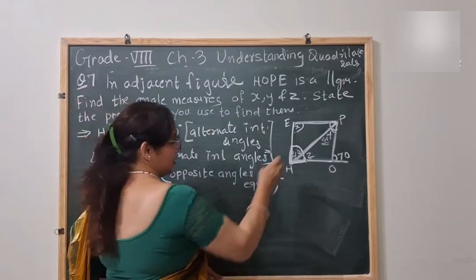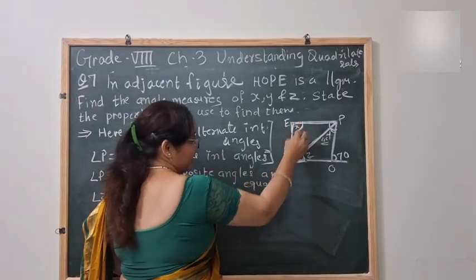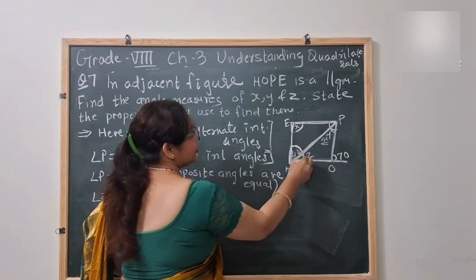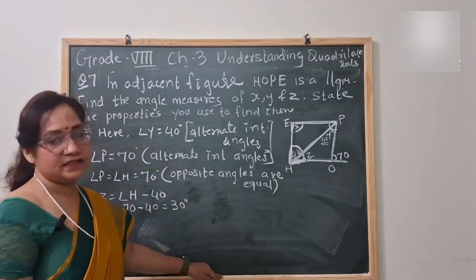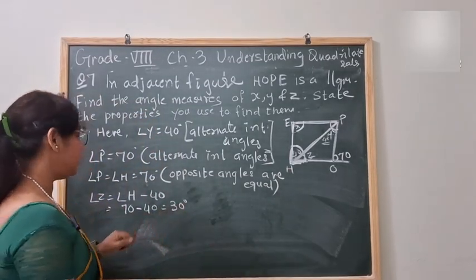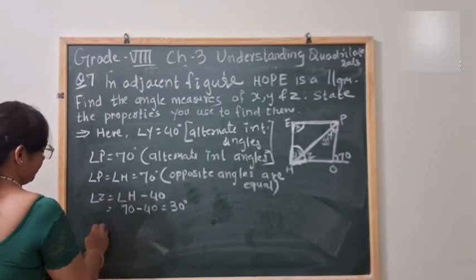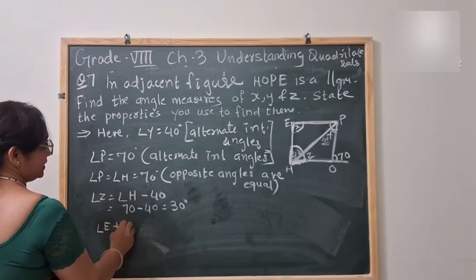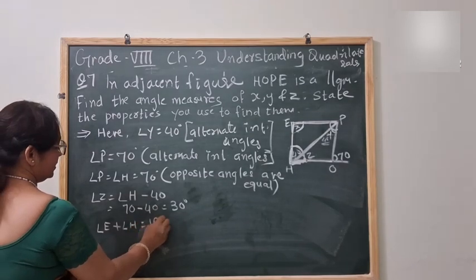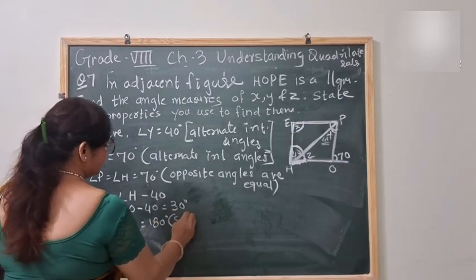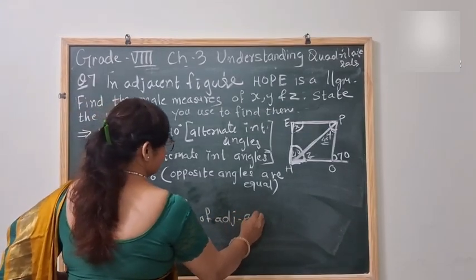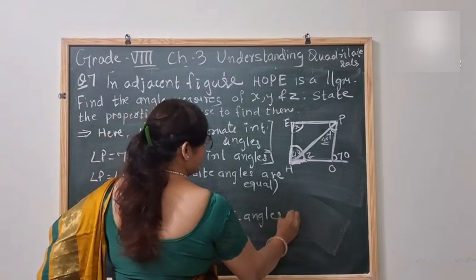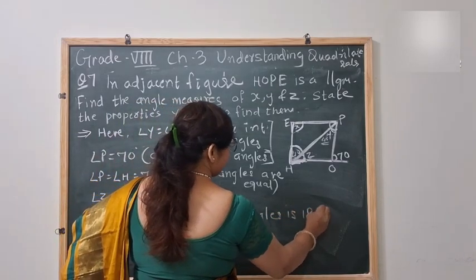Okay, so we can easily say that this angle X and this angle H, मतलब E or H, these two are adjacent angles and adjacent angles make 180 degrees. So let us do that. Angle E plus angle H is equal to 180 degrees. Sum of adjacent angles is 180 degrees.